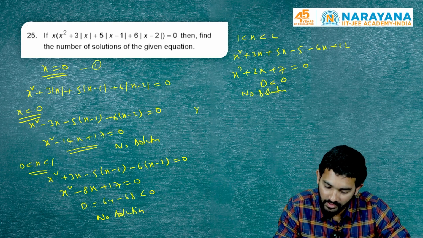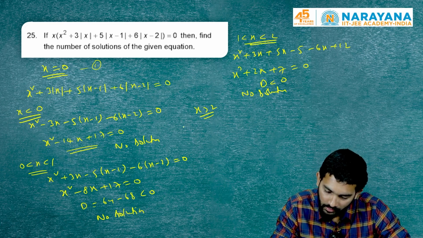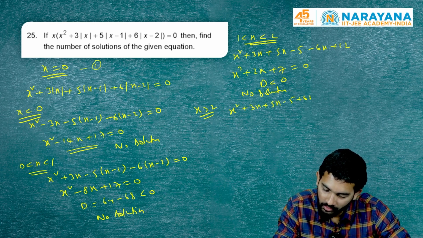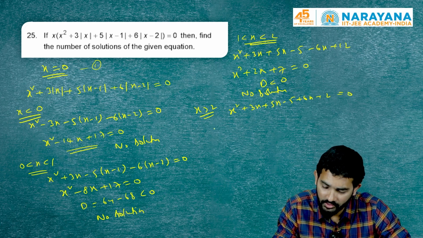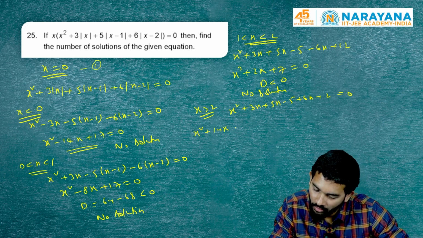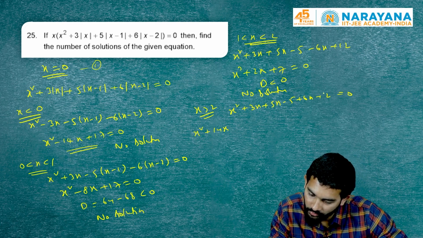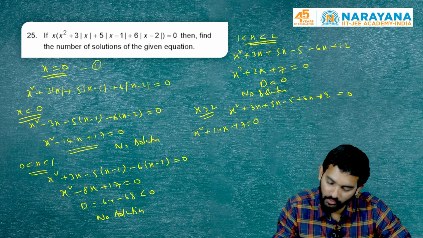The next case is x greater than 2. So when I am taking x greater than 2, I'll get x square plus 3x plus 5x minus 5 plus 6x minus 12 equal to 0, which is x square plus 14x minus 5 and minus 12, which will be minus 17 equal to 0.